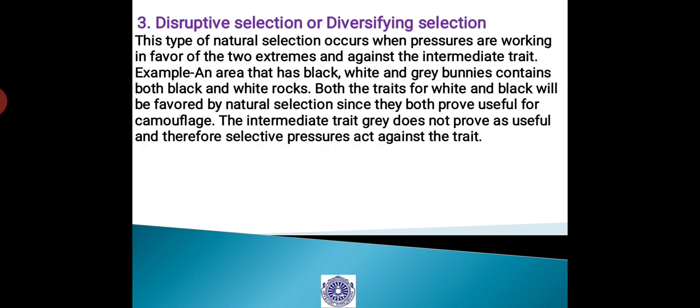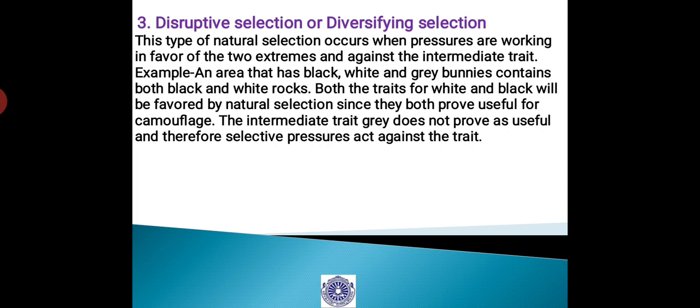Coming to the third type, disruptive selection or diversifying selection, and this type of natural selection occurs when pressures are working in favor of the two extremes and against the intermediate trait. For example, an area that has black, white and grey bunnies contains both black and white rocks, and both the traits for white and black will be favored by natural selection, since they both prove useful for camouflage.